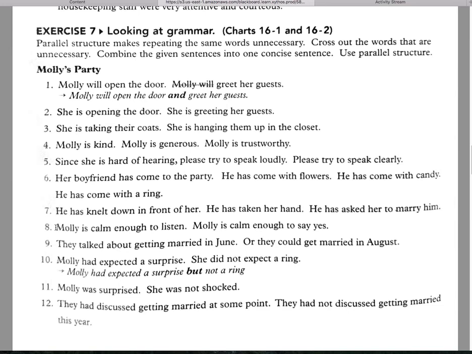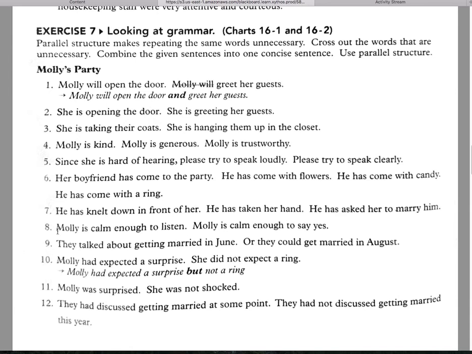Number 8. Molly is kind enough to listen. Molly is calm enough to say yes. So what words are we omitting? "Molly is calm enough." So, Molly is calm enough to listen and, optional "to," say yes.